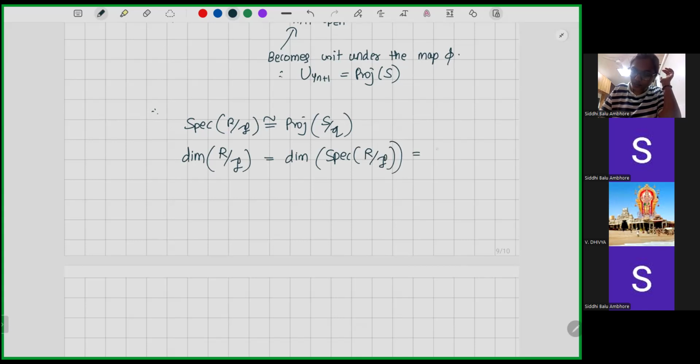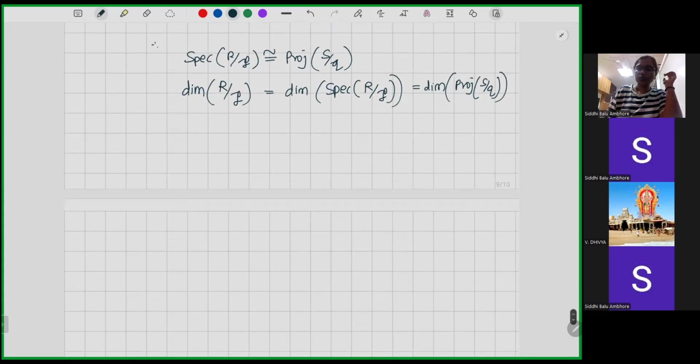And this is equal to the dimension of Proj S mod Q. And therefore, because we know the dimension of S mod Q is equal to the dimension of Proj S mod Q plus 1, this dimension of Proj S mod Q is equal to this.